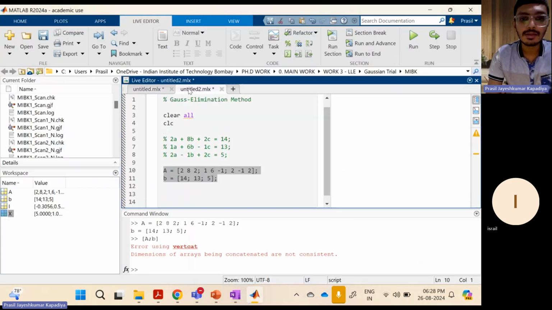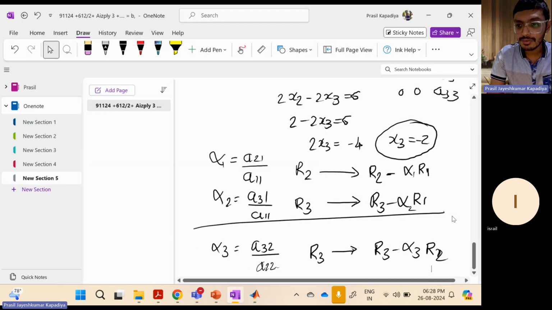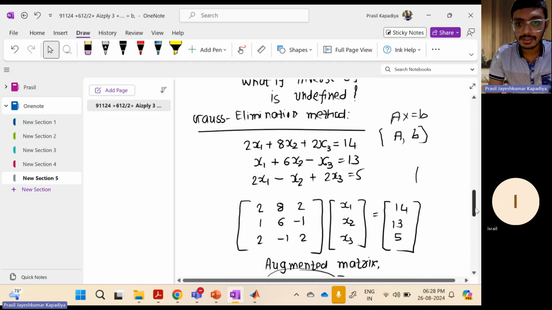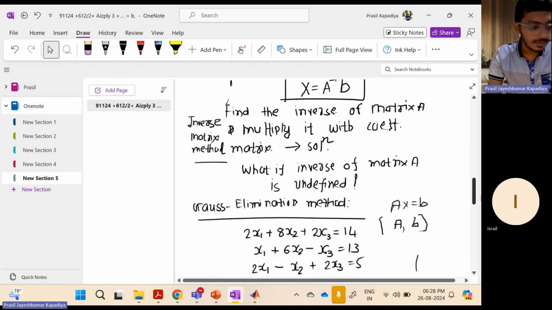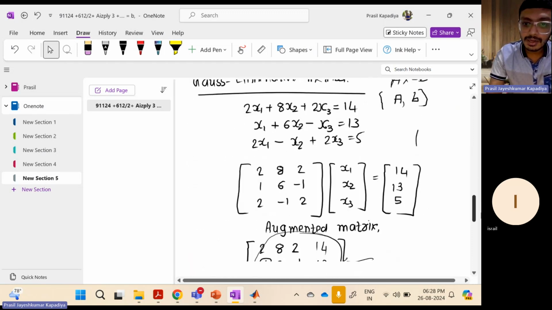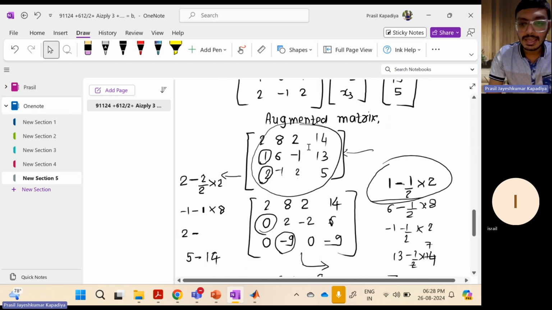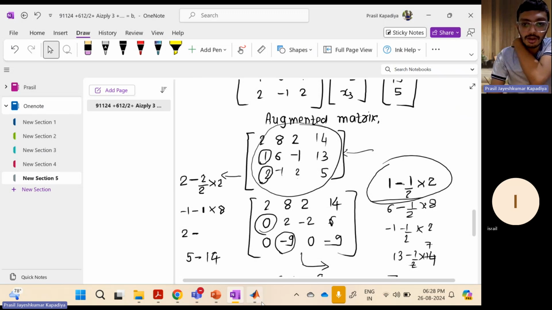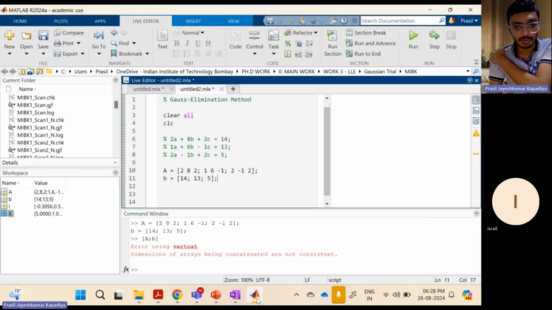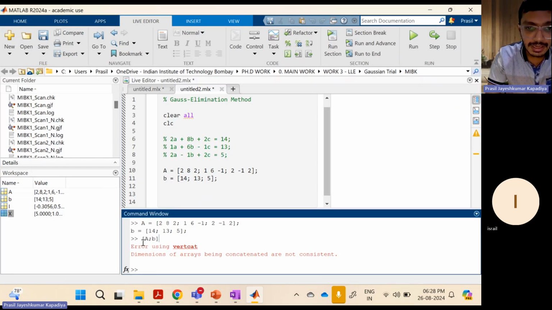Now in Gauss elimination method, first we need to define our augmented matrix. Okay, so this is my augmented matrix where A and B matrix are together. Let's say if I define my A, I put semicolon, so it will not work.